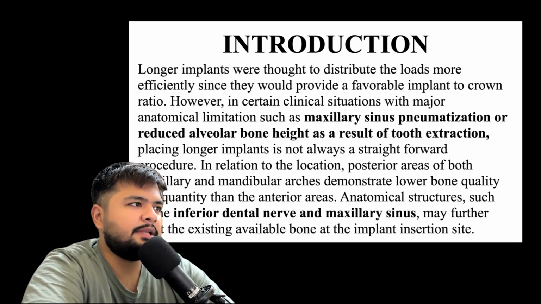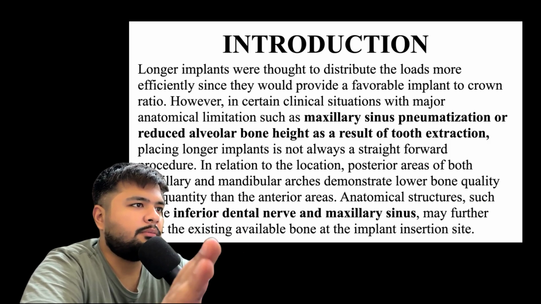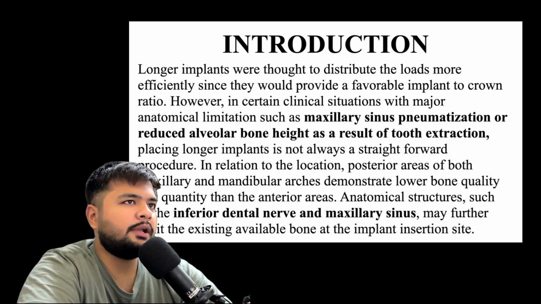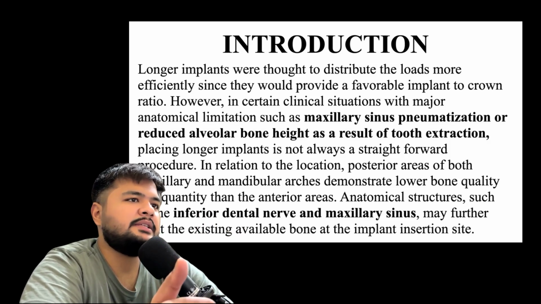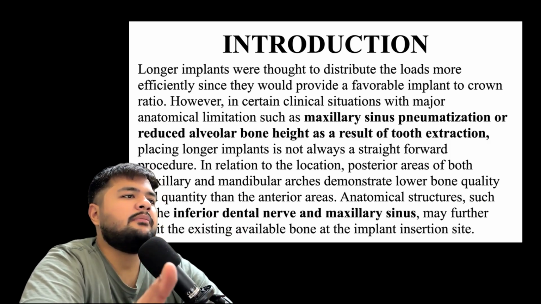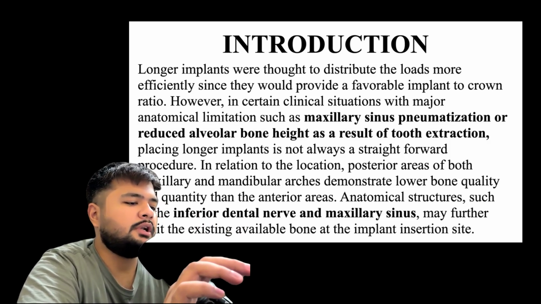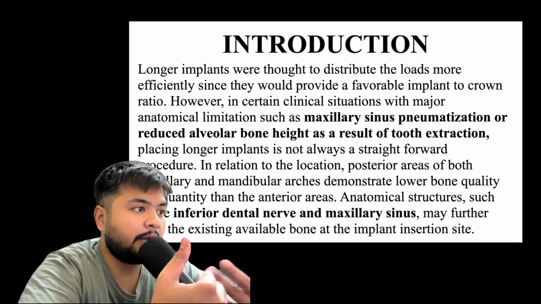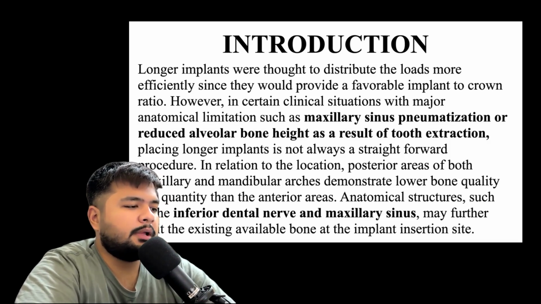So basically, although longer implants have a better implant to crown ratio, in all clinical scenarios it might not be possible to place them. In some cases, like when the maxillary sinus has pneumatized, or in the mandible when there is reduced alveolar bone due to bone destruction above the inferior alveolar nerve canal, we may need to place a bone graft before implant placement.